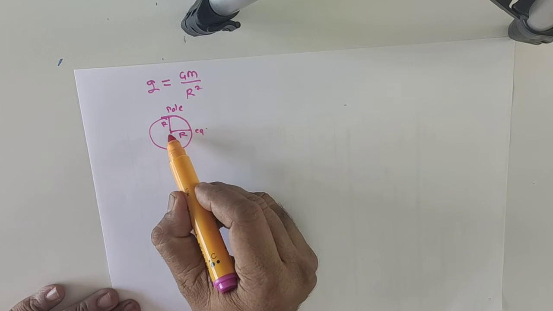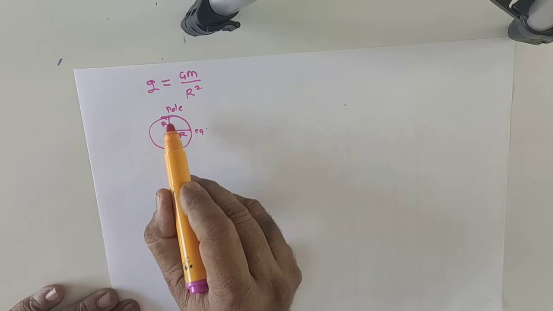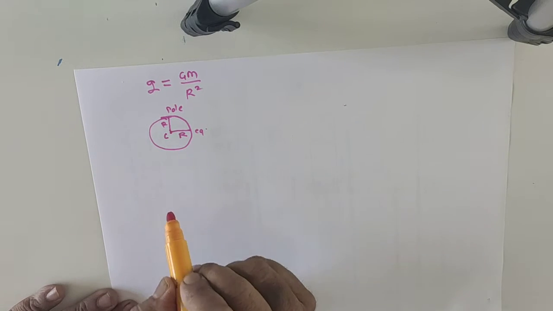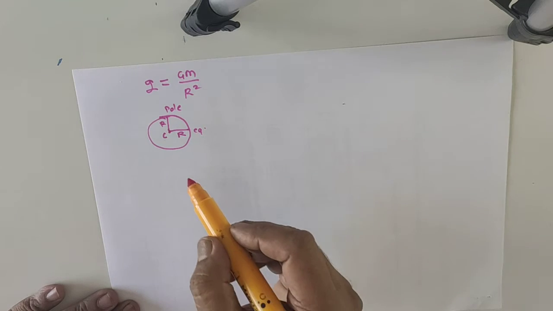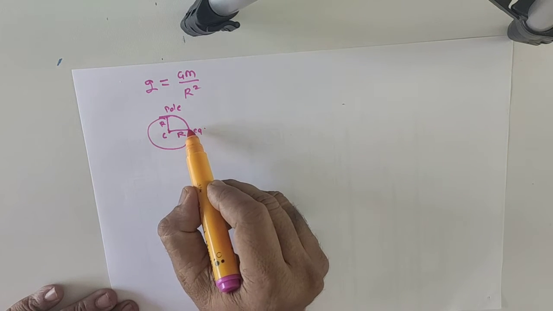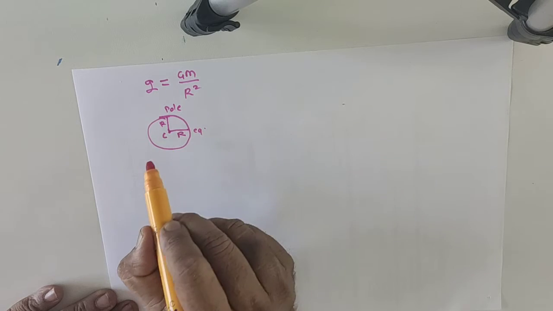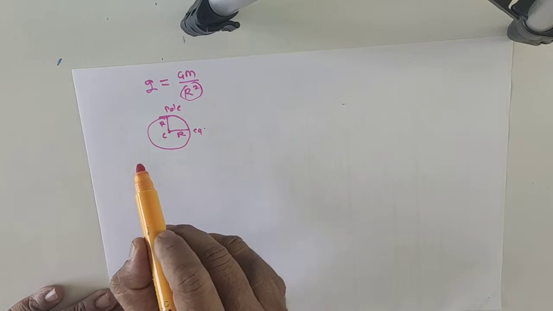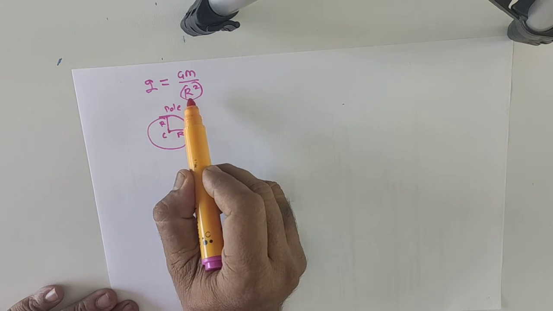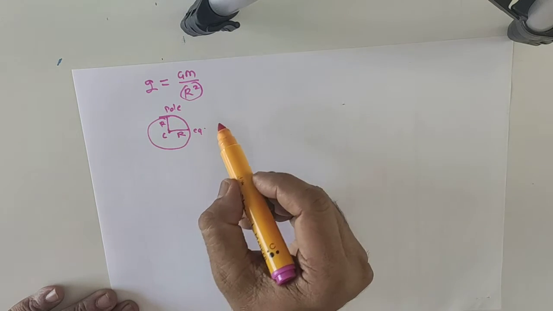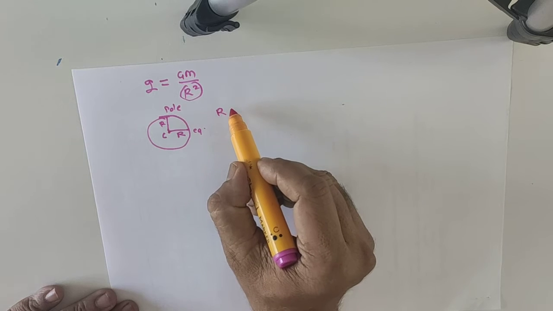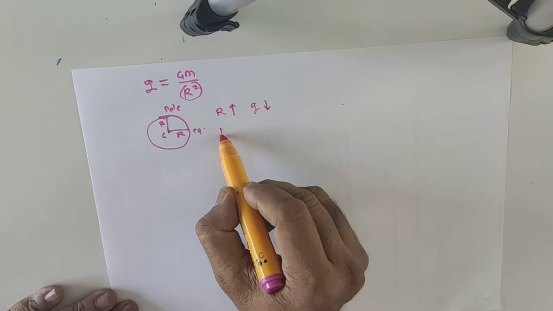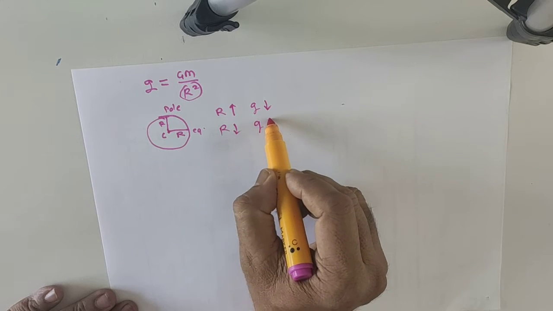The distance between the center of the Earth and the pole is less than the distance between the center and the equator. Therefore, this radius is larger than this. Radius is in the denominator. Therefore, the value of G and the value of R are reciprocals. Therefore, as R increases, G decreases, and as R decreases, G increases.